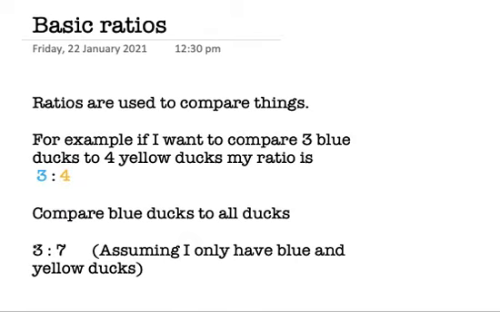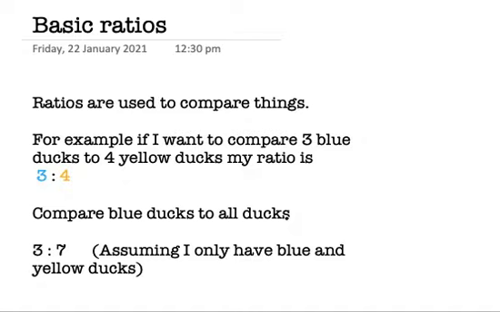So comparing blue to all ducks would be 3 blue ducks to 7 ducks in total. So ratios need you to pay careful attention to what you want to be comparing, because if I compare blue to yellow, that's something totally different to if I compare blue to all.